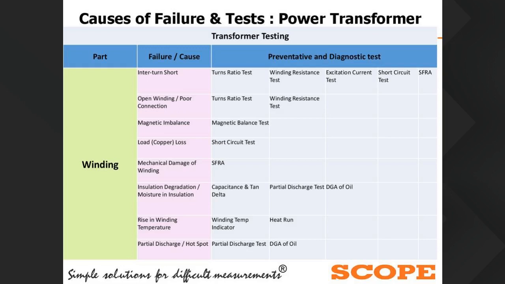These are the main reasons behind the failure of the winding. With the help of different preventive and diagnostic tests, we need to check the exact reason behind the failure of the winding.